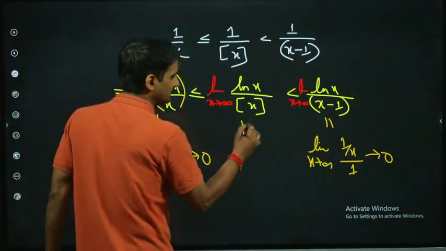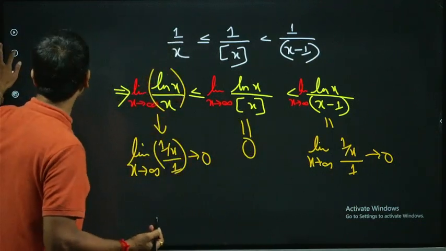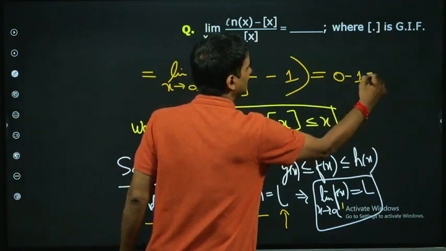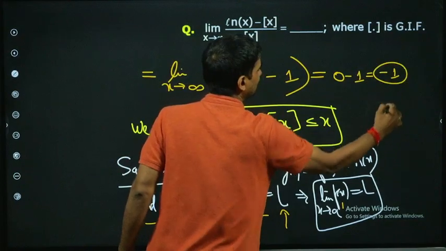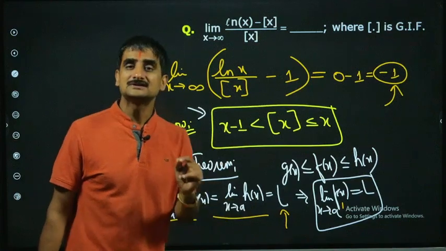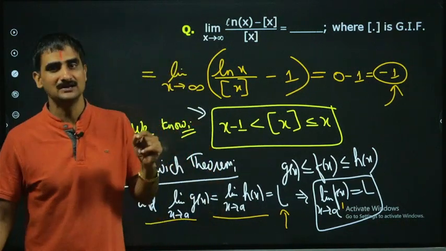So this approaches 0, and the answer is 0 minus 1, which is minus 1. So that was a question of limits based on the Sandwich theorem, a simple application of the Sandwich theorem in limits.